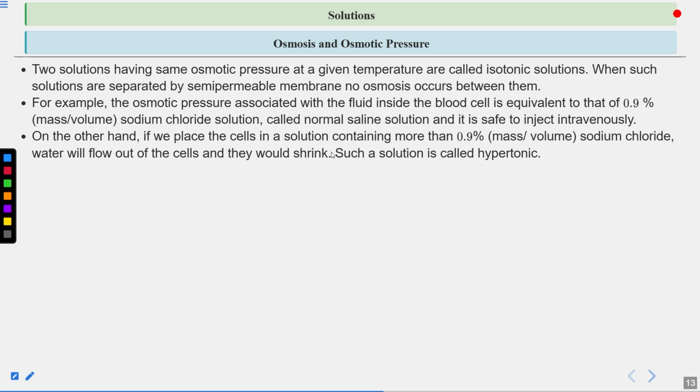But if it is more than 0.9%, then the water will flow out of the blood cells. Suppose you take a blood cell. The blood cell will also have some concentration and you keep it in a salt solution. If this salt solution has a greater osmotic pressure, then what will happen?